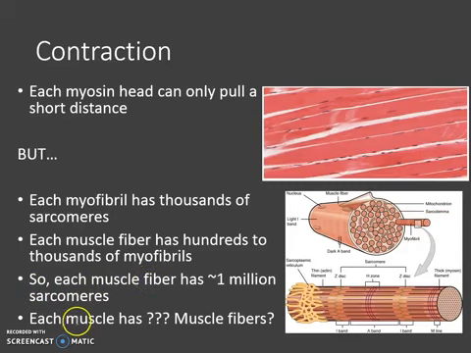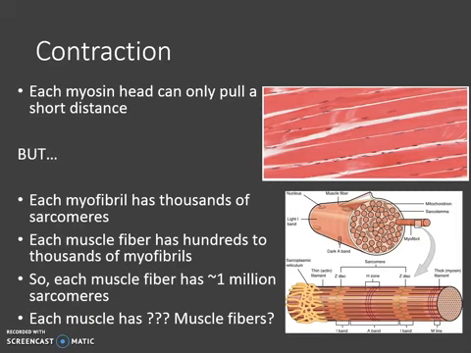Depending on the size of the muscle, it can be made up of a lot of cells. So we're talking about potentially billions of sarcomeres that are all working together to accomplish the contraction of a single muscle. All right, so sarcomeres are very, very small, but you have a lot of them that make up the overall muscle, and they work together to give you that contraction.